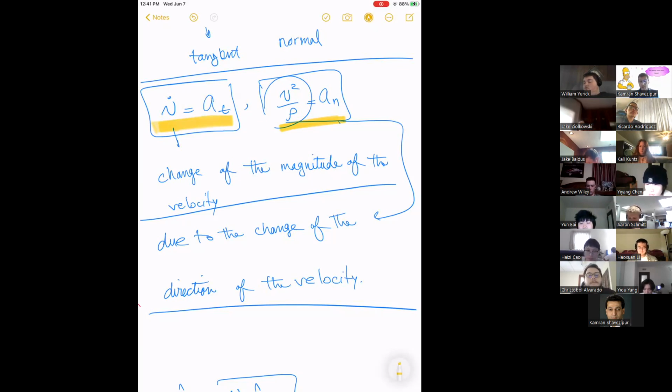And for acceleration, you have two components. Each of them has a different physical meaning. V dot means change of the magnitude of velocity. V squared over rho comes from the change of the direction of the velocity, right? Any question?